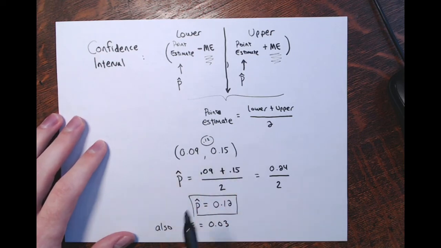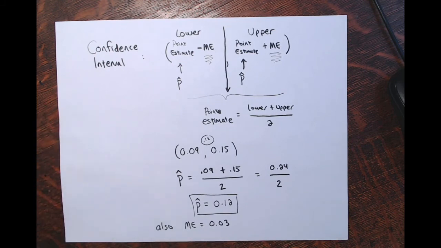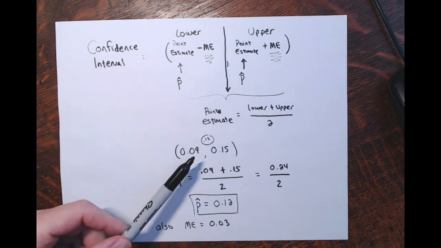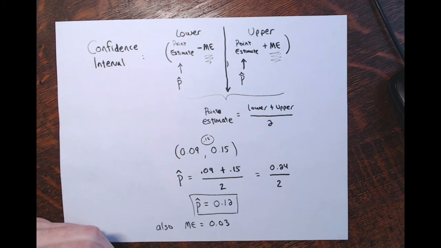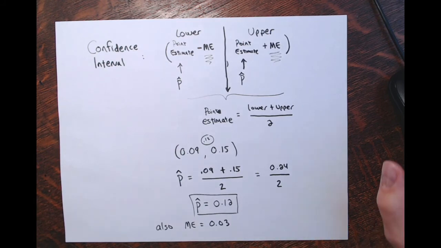And another way I could interpret this confidence interval is by saying, based on my sample, I'm reasonably confident that the proportion of all students that are left-handed, the population proportion, is 12%, give or take 3%. That's what the margin of error is. It's a give or take.